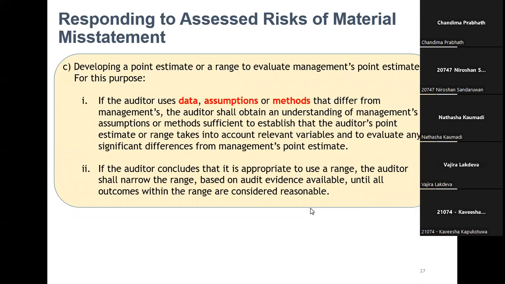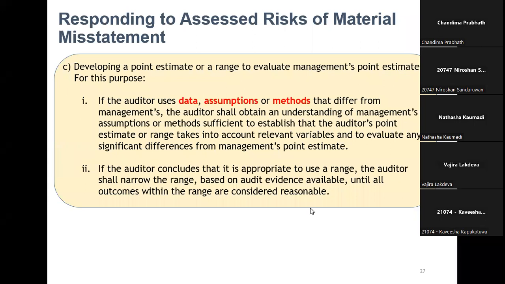So let's say now the auditor has developed a range. Based on the auditor's assessment, the provision for warranty claims should be in the range of 125 million to 140 million. If the management point estimate falls within this range, then that is okay. If it is outside the range, and in this case the management point estimate is 100 million but the auditor's range is 125 million to 140 million, there is a misstatement.